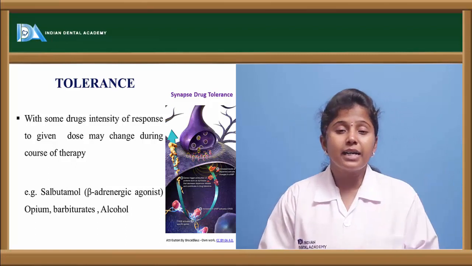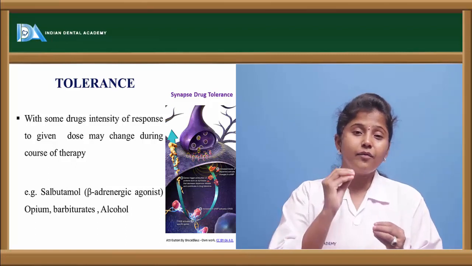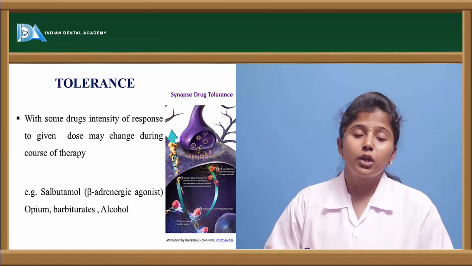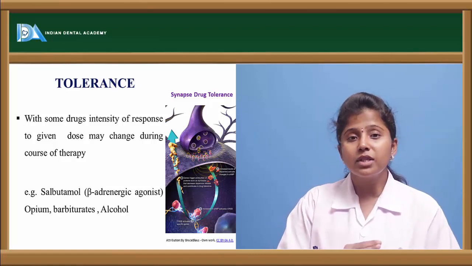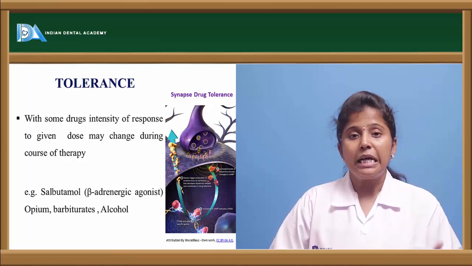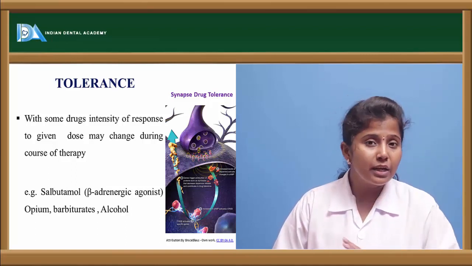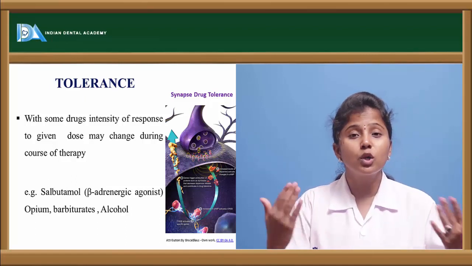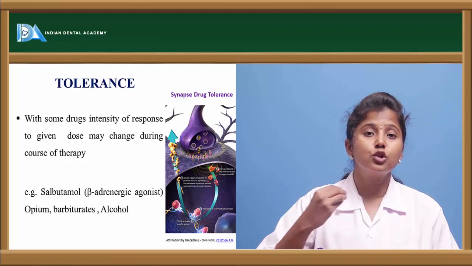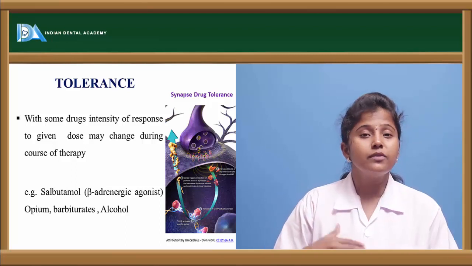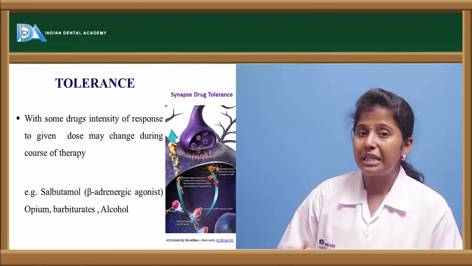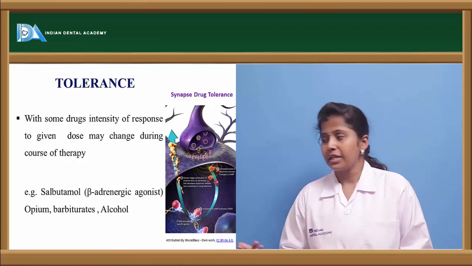For example, we are giving 50 mg of the drug to cure a disease, and we have used this 50 mg for about 2 to 3 months. After 2 to 3 months, this dose of drug is not showing an effect on the body. In the sense, the body got tolerated to the drug. That is the reason the dose of the drug should be increased. Only if the dose is increased will the drug response be altered. In this way, tolerance also affects the drug dose.